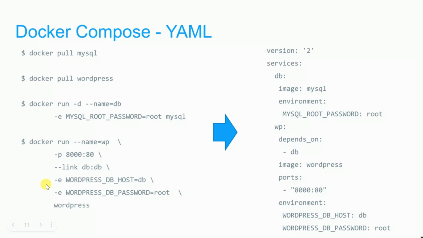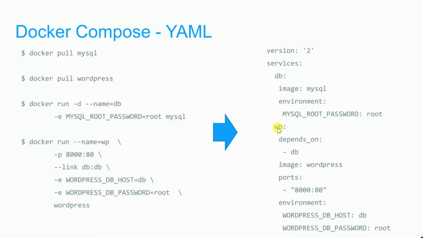These are the commands we learned on the previous slide. Now the Docker Compose YAML, how does it work? First we need to define the version, then services. DB is the container name, image MySQL, and the environment variable you want to set, MySQL root password, root. Then I set up WP, which depends on the DB.